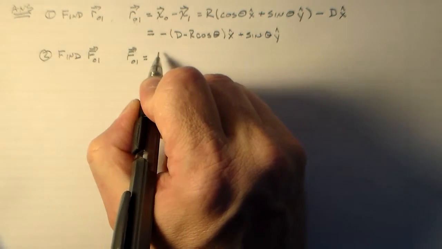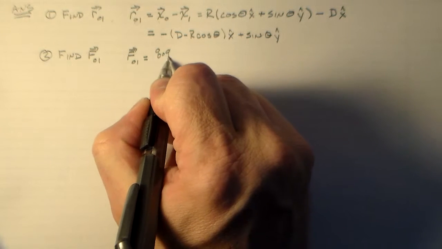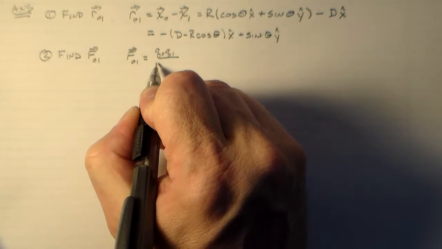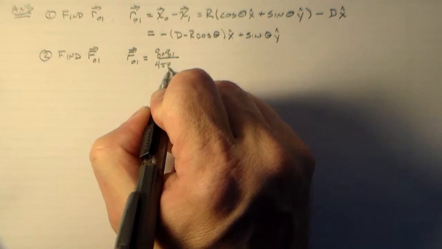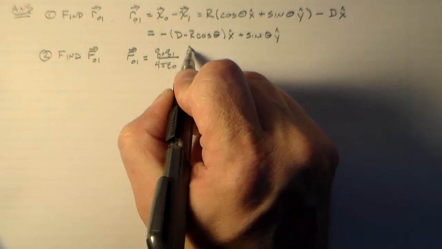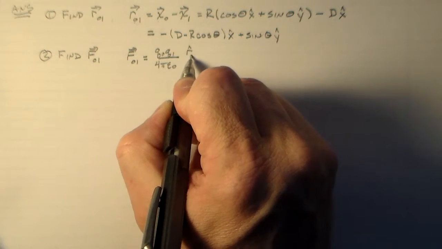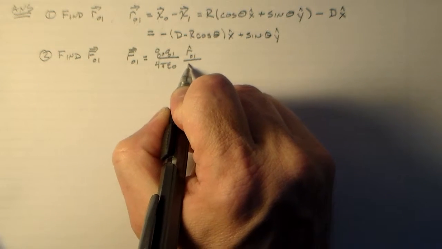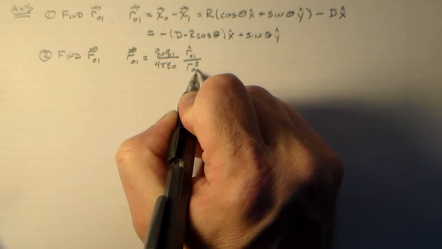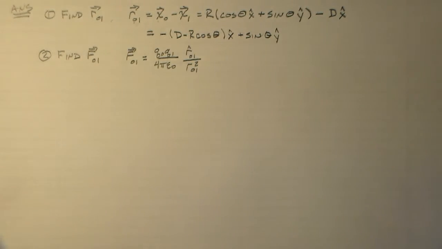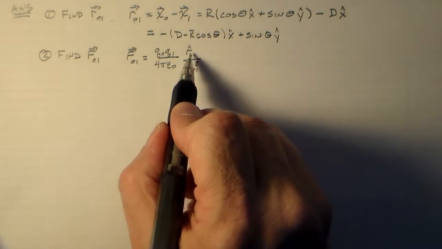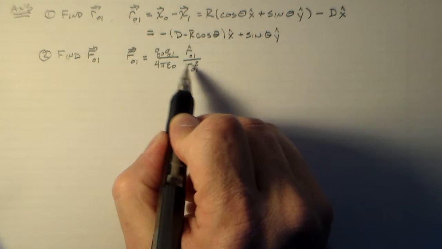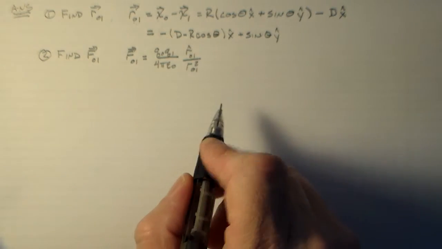F01 is equal to Q0 Q1 over 4 pi epsilon naught, times the direction of R01, the direction from the source to the object, over the distance from the source to the object, squared. So there's Coulomb's law, direction and magnitude.